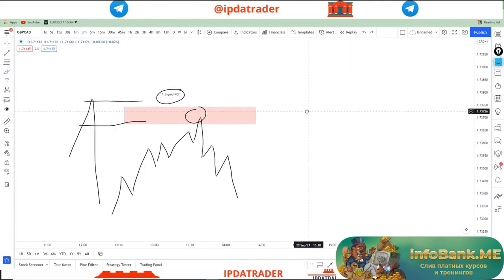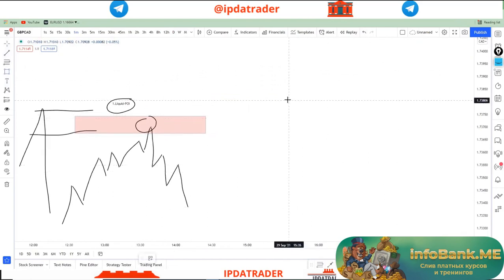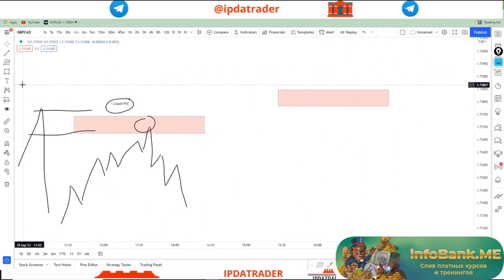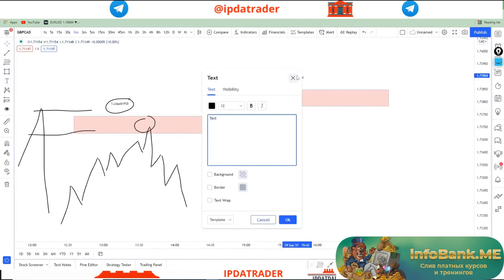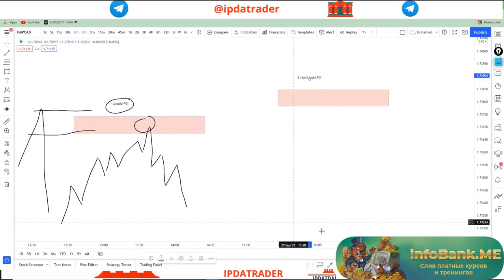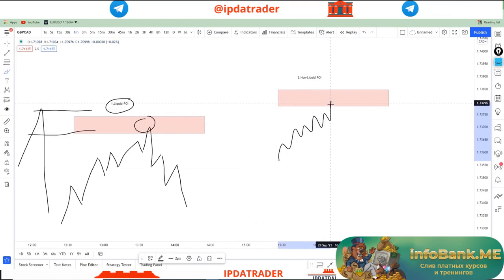And the second scenario, and the most common one, is actually a non-liquid POI, right? This is what happens most of the times. You will have a non-liquid POI, which means that price would be coming up, just like this. Price would be coming up, and because it's a non-liquid POI, they need to engineer the liquidity inside this region so that they then can shift, right?